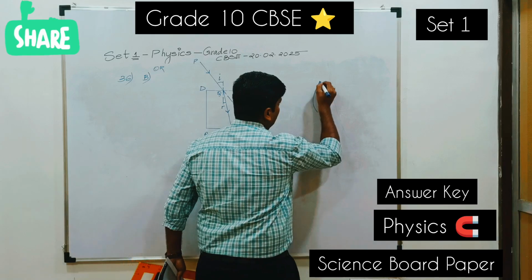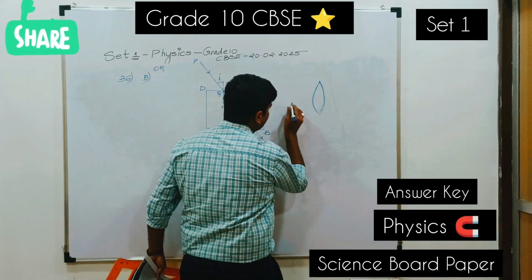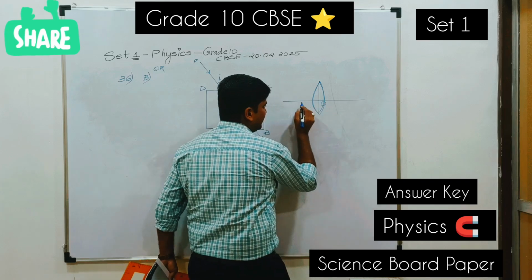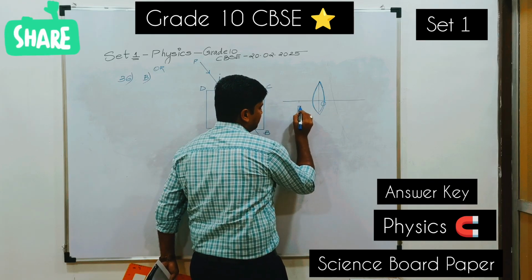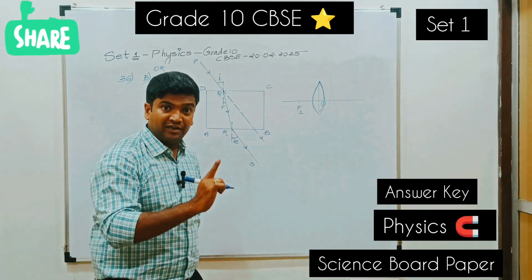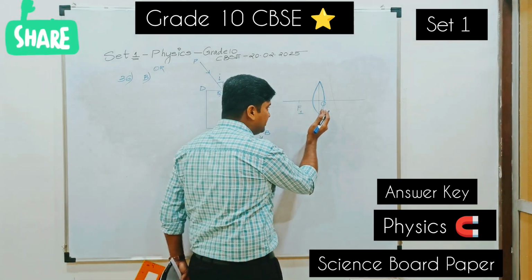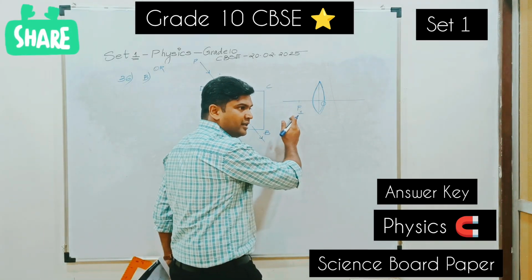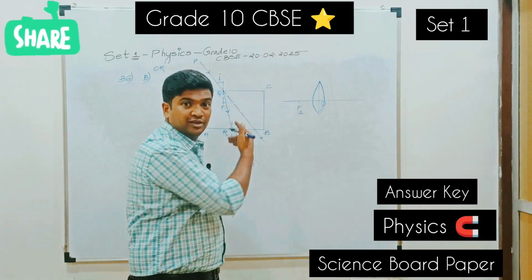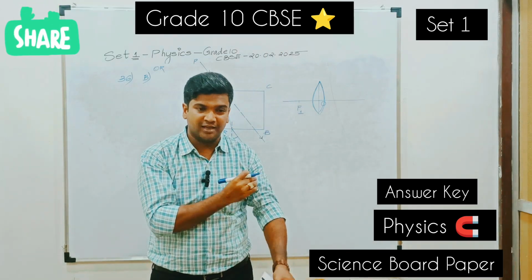So if I have a convex lens with me, okay, and this is the optical center, correct, and this is your first focus, F1. And you know very well, if you keep the object between O and F1, then you get a virtual erect image on the same side of the lens.